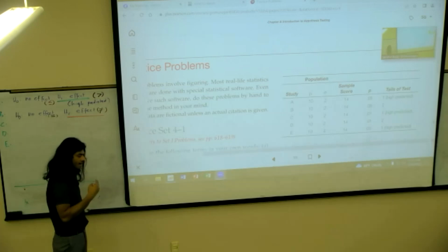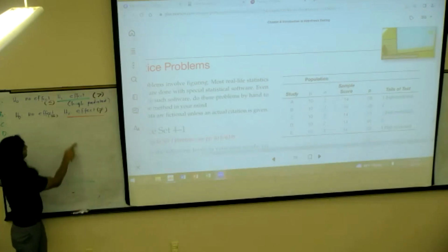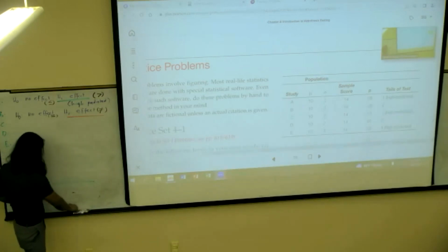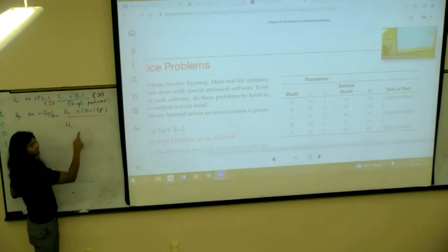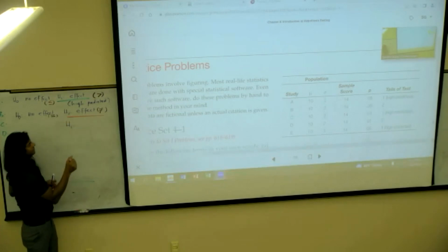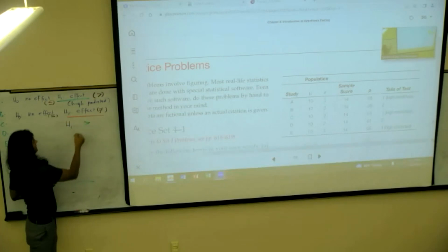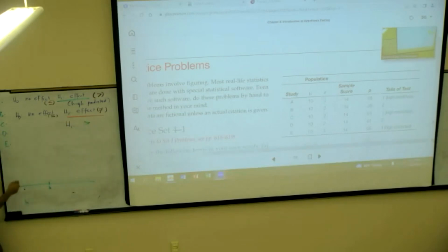It says high predicted. So what sign would go here? Right, so what sign? The greater than, less than? Greater than. So the rejection region is going to be here.